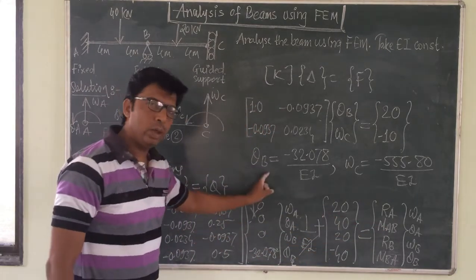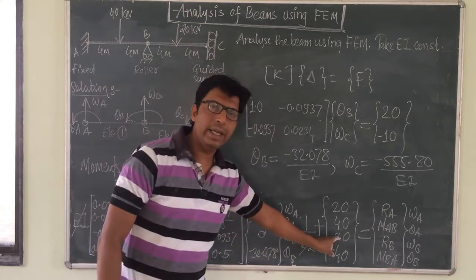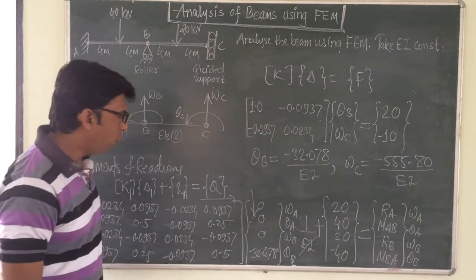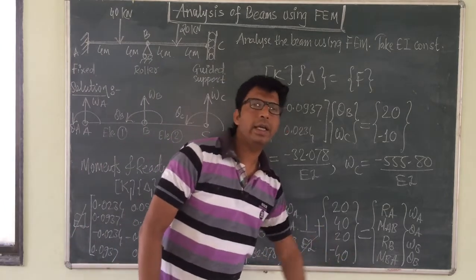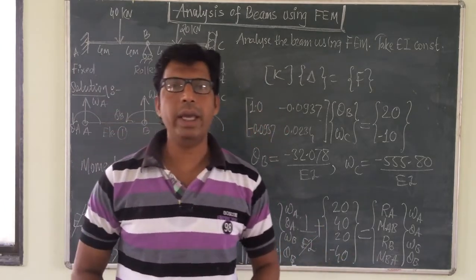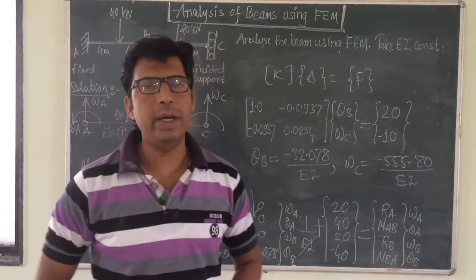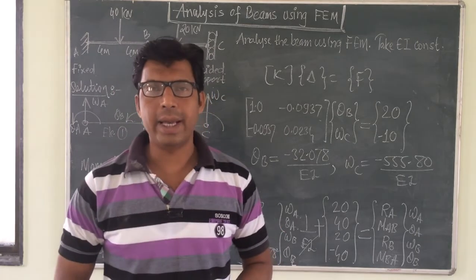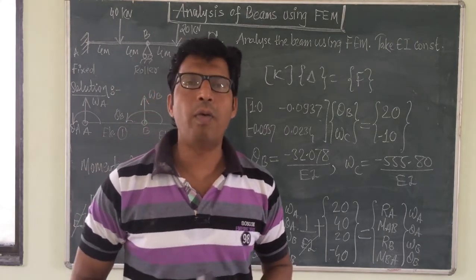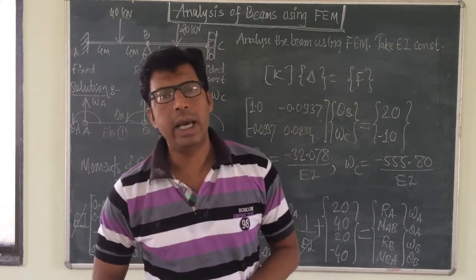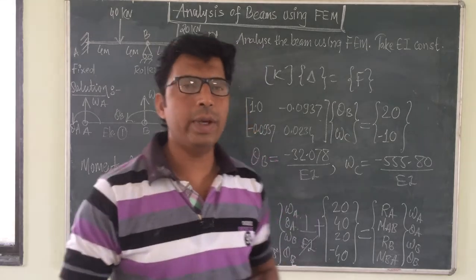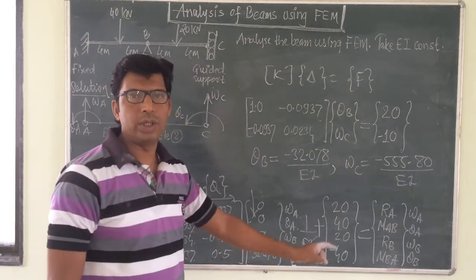Third row into the same column plus 20, you will get RB. And fourth row into this column plus minus 40, you will get MB. Like this you have to calculate the final moments and reactions. Right now I don't have the final answers, but you can calculate them if you carefully perform the calculations.